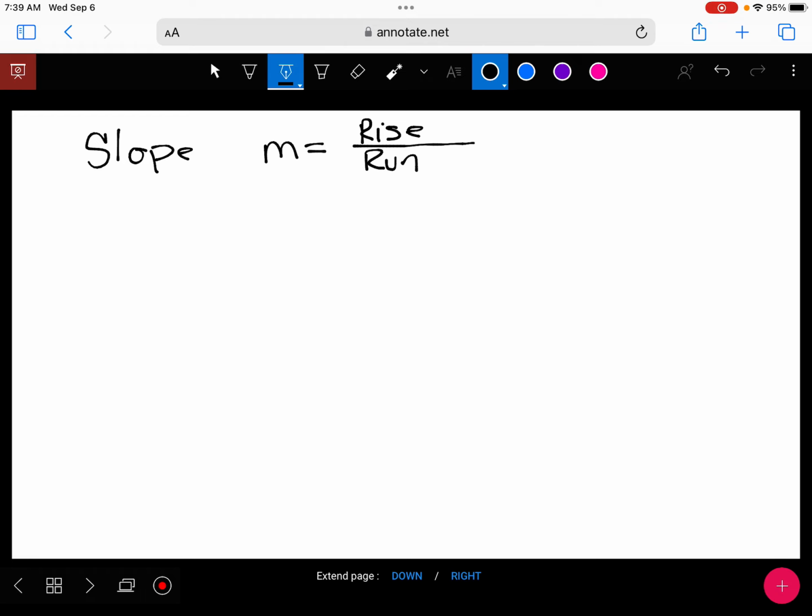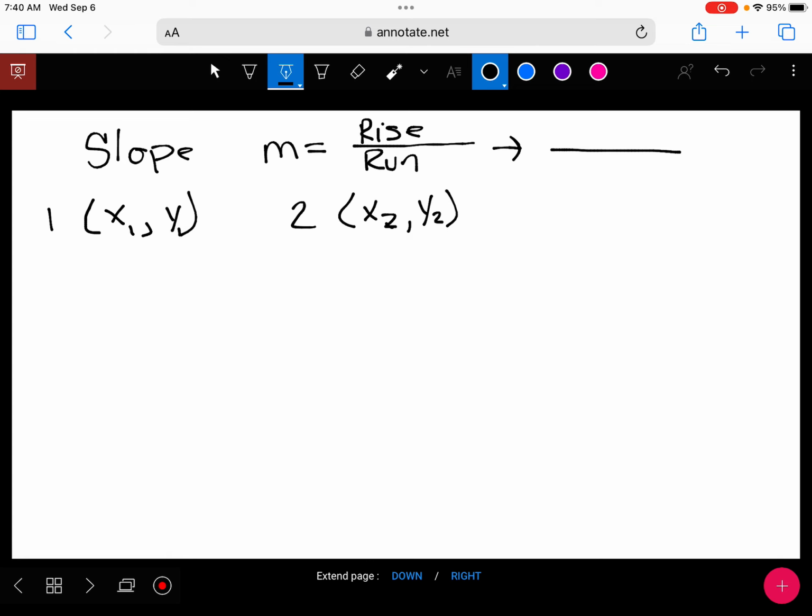So the way we're going to calculate this when we're thinking about 2 points, what we usually do is we think about point 1. So we'll say it's x1 and y1. And point number 2, x2, y2. And the way we calculate our slope, it's the change in y's over the change in x's.